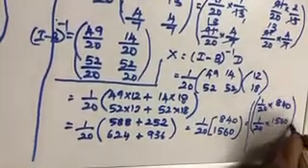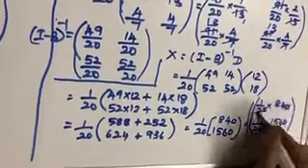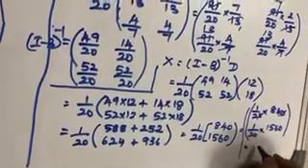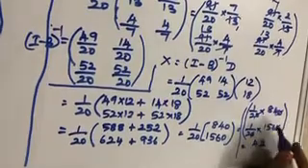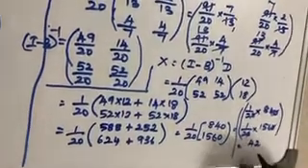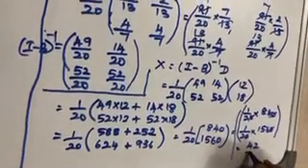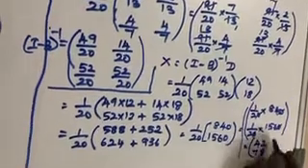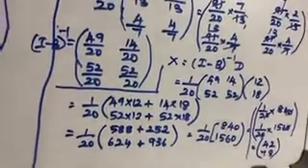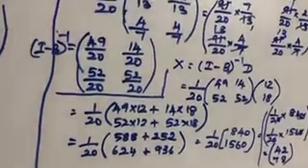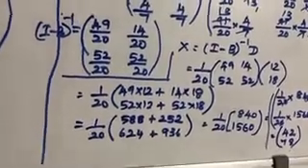Simplifying this, the zeros cancel, 84 divided by 2 is 42. Similarly, 156 divided by 2, you get 78. So the answer is 42 and 78. The gross output is 42 and 78.